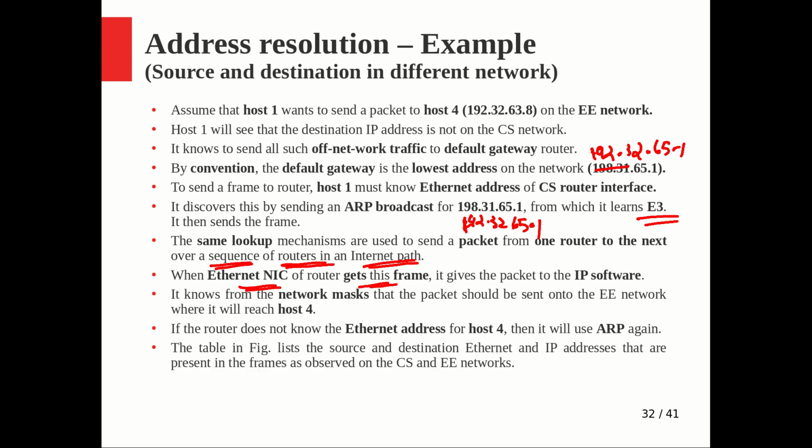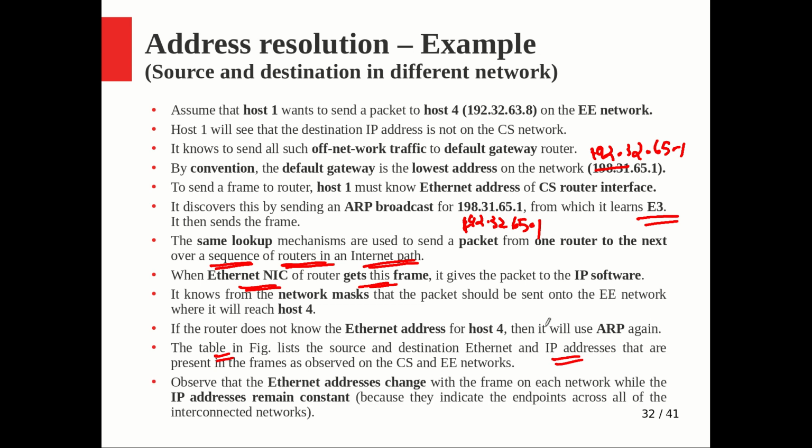As you can see in the figure, if you look at the last table, you can see the frames that list the source and destination Ethernet and IP addresses, and the Ethernet address changes from one entry to another, where the IP address remains the same, because with the help of that Ethernet address, the hopping is actually happening.